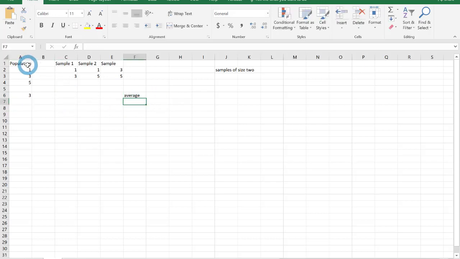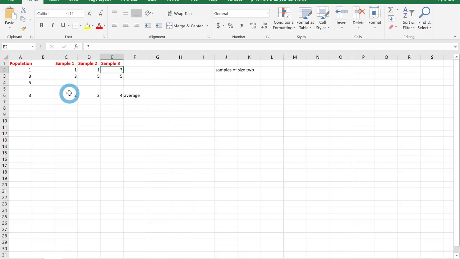So the average of the population is 3. And if I wanted to find the average of the first sample, I would do the same thing, right? I could just drag this over like this. So the average of the first sample is 2, the average of the second sample is 3, and then sample 3 has an average of 4.